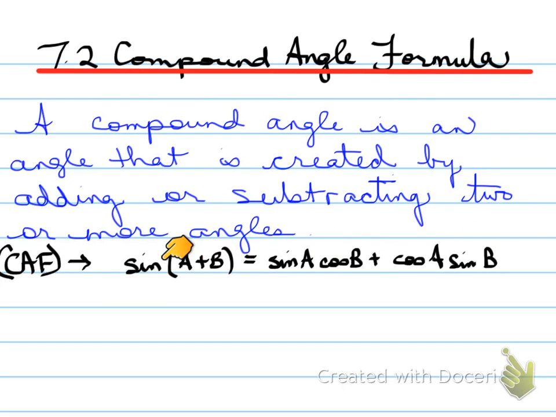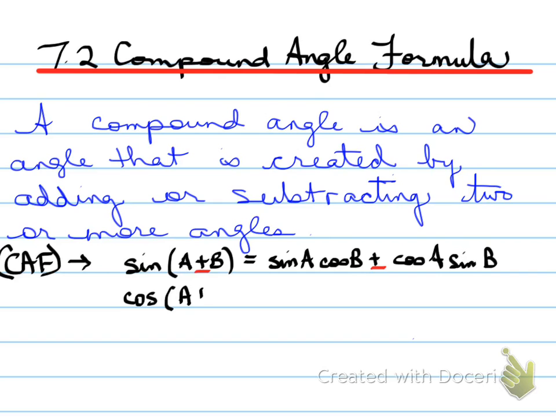This is if you have sine of the sum of two angles. If you have subtraction of two angles, all you will do is change the sign that's here. So again, if you have sine A minus B, you will take this and subtract the two parts.